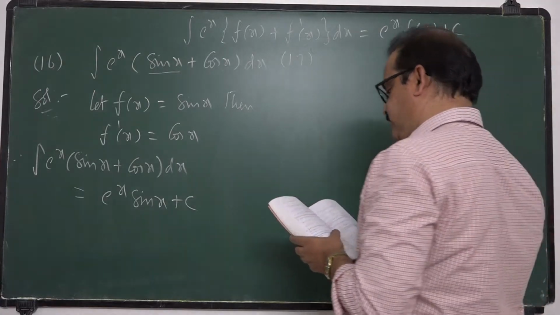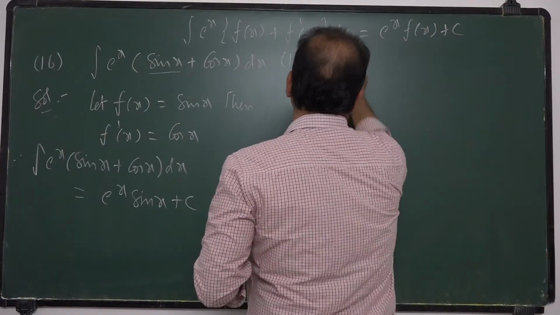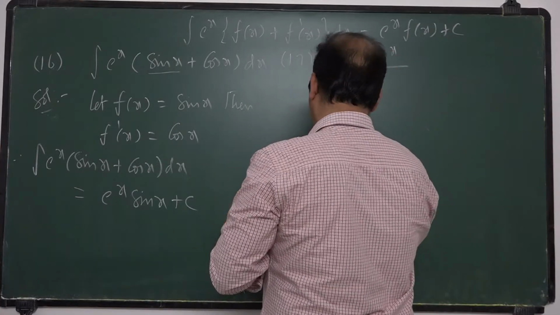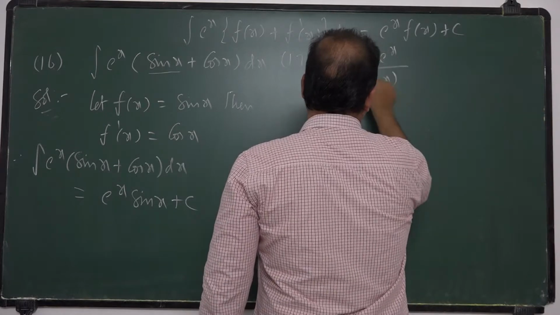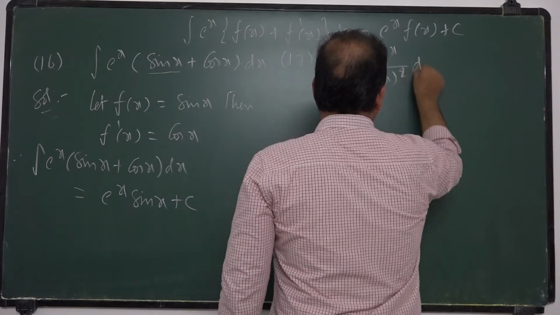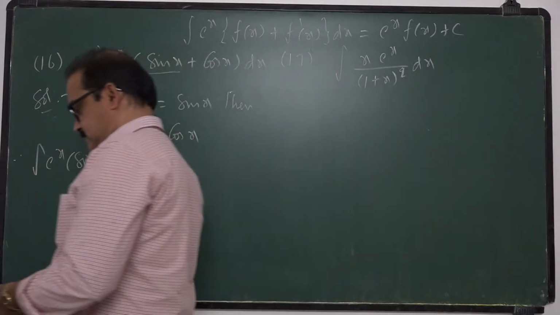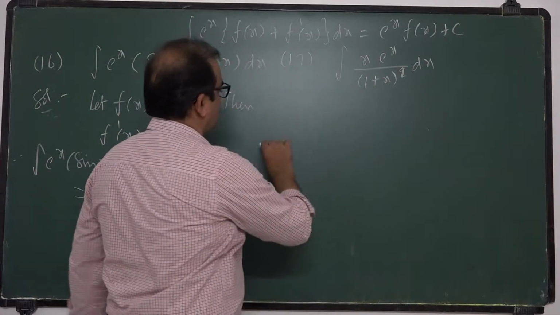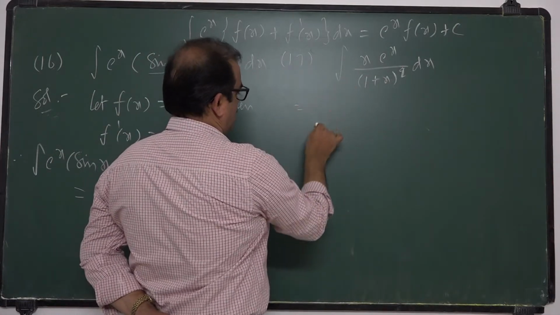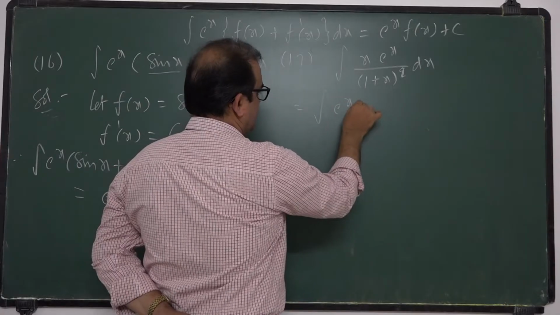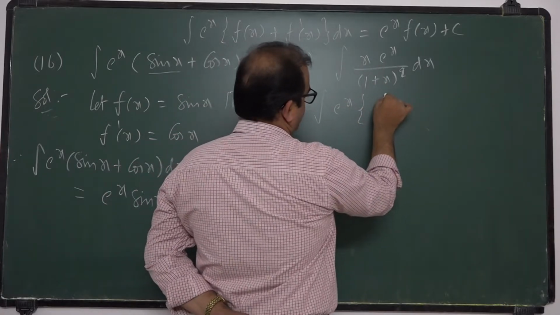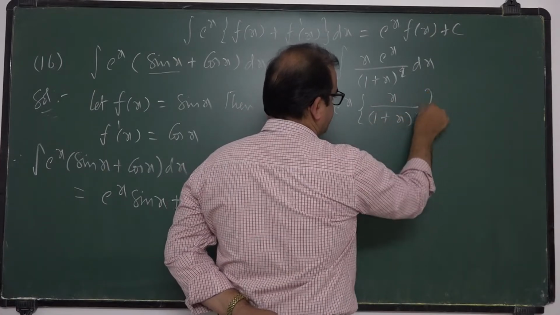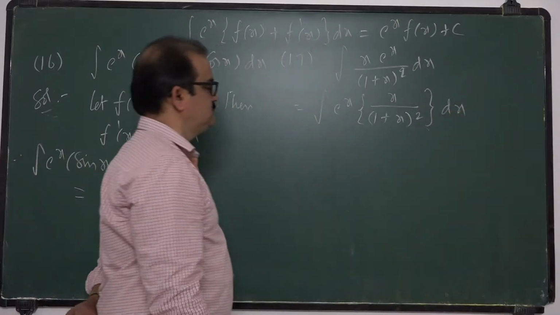Next, integral of x into e power x by 1 plus x whole square into dx. Write this integral as integral e power x into x by 1 plus x whole square into dx.